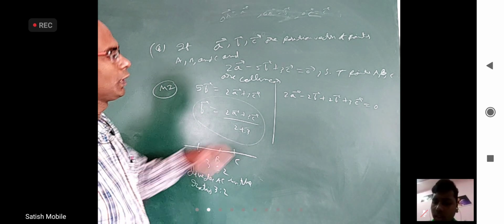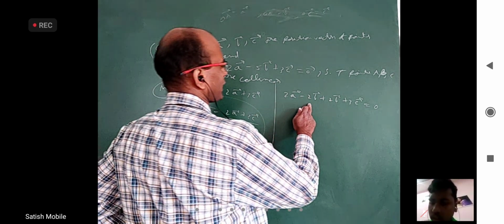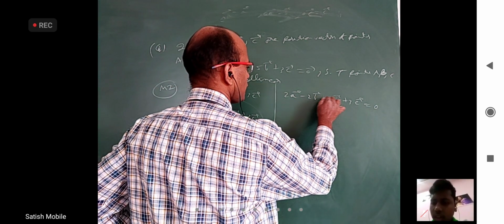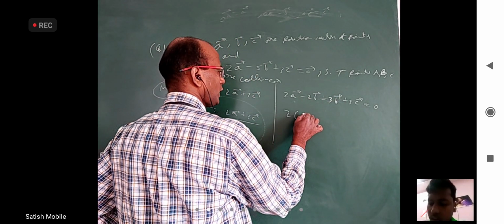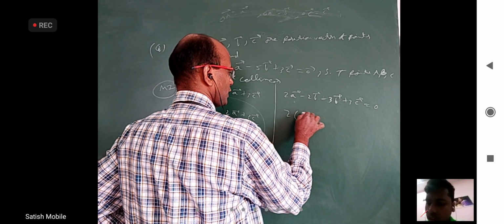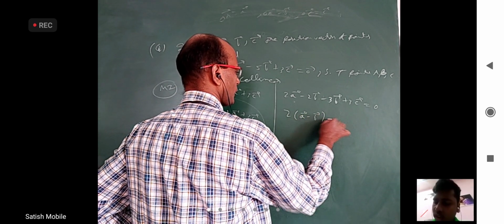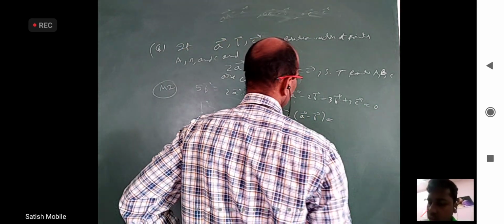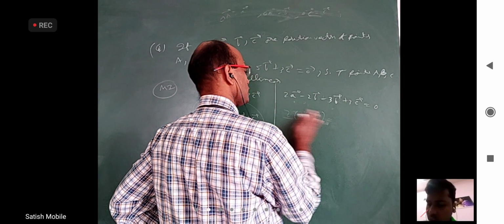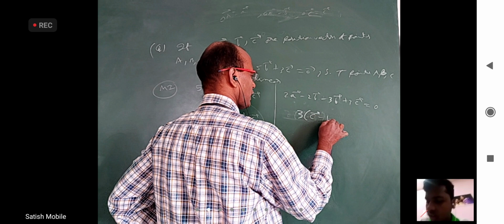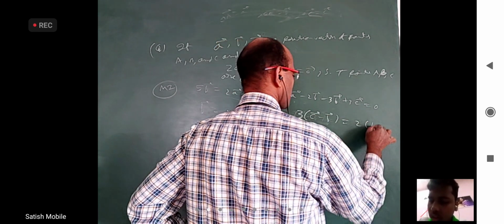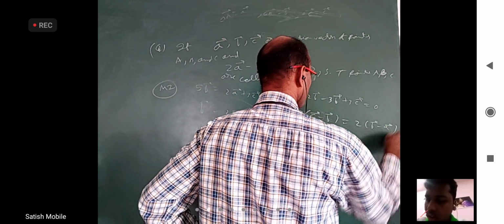Okay. If I write here minus 5b bar as minus 2b bar and minus 3b bar, from these two I can take 2 common and write a bar minus b bar, send this one that side or send this one that side, anything is okay. 3 times c bar minus b bar is 2 times b bar minus a bar.